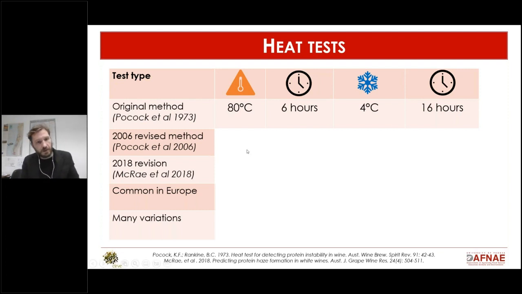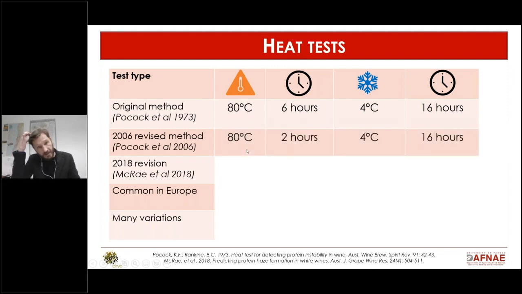The same author in 2006 revised this method by comparing the ability to predict instability with wine which has been stored in a cellar. They put a bunch of wine at cellar temperature for 2 or 3 years, and after 3 years they looked at how much turbidity this wine, unstabilized or stabilized according to the prediction of the test, had.